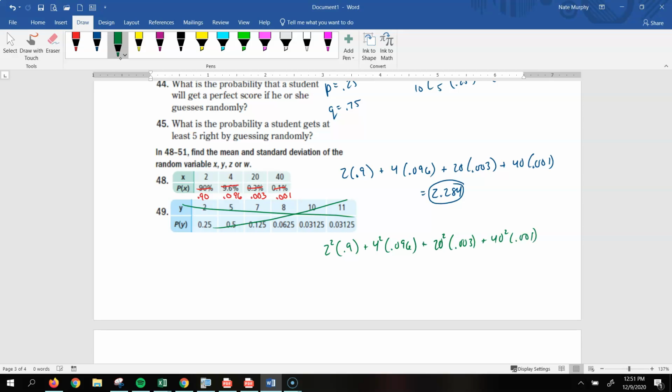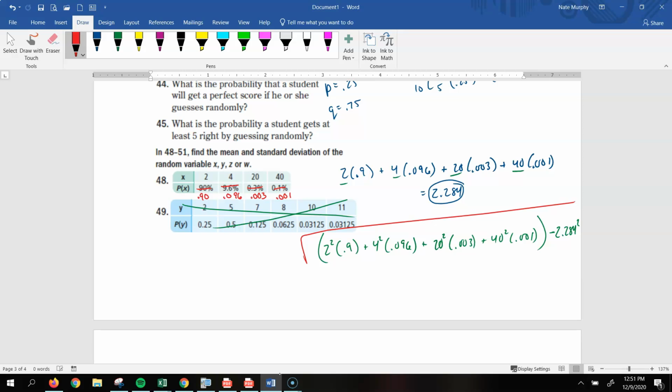So we take each of those and do the same thing that we did up here, except we square those x values. Now that's not our answer. That's just the first step. So we're going to subtract from that whatever the mean is squared, so minus 2.284 squared. And after you do all of that, the third step is to take the square root of that answer.